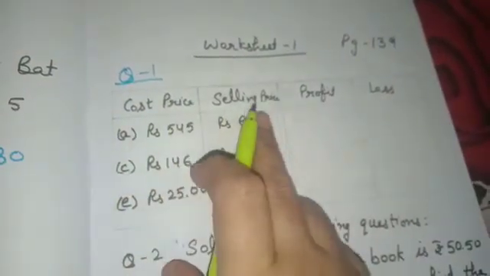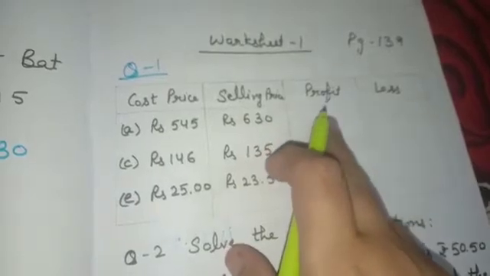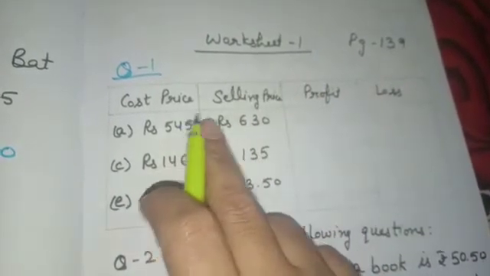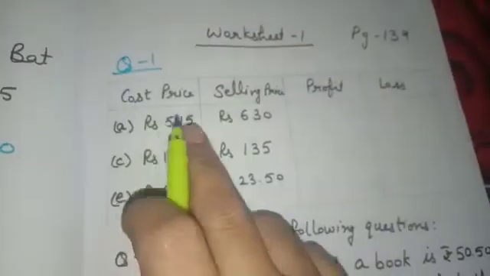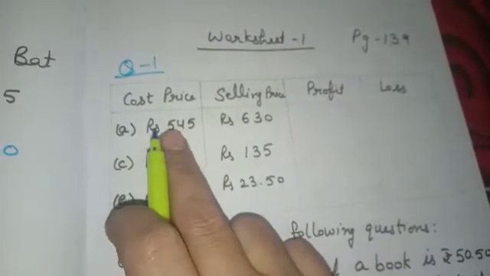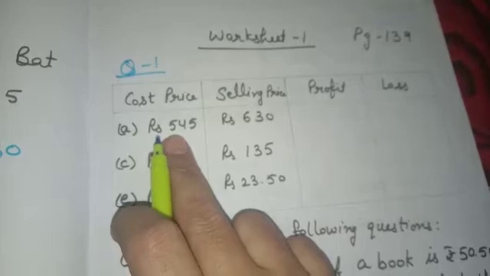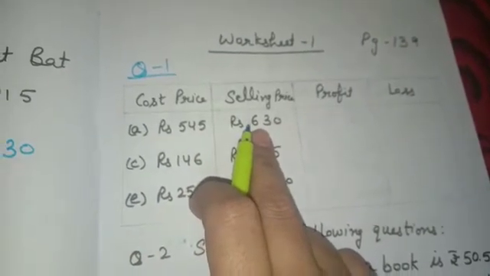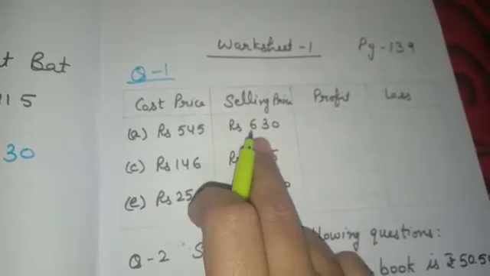Cost price is given, selling price is given, we need to find profit or loss. First of all, we will check whether there is profit or loss. For example, in part A, cost price is 545 and selling price is 630. So tell me which one is greater?